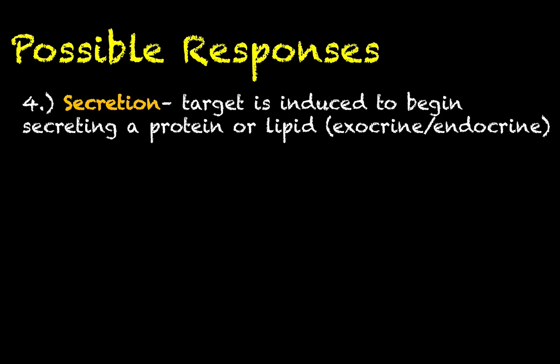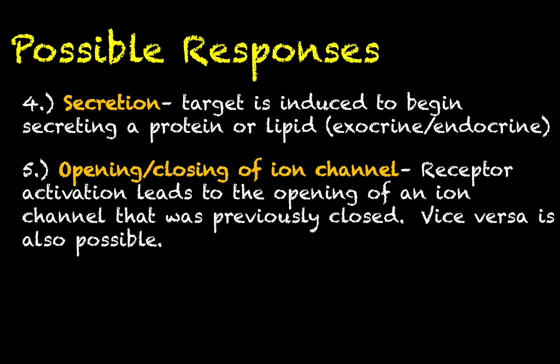Obviously, you can be induced to sweat as a response to your body temperature getting too high. Exocrine functions are obviously important for the digestive system, and in the very near future, we're going to start talking a lot about endocrine functions and how the secretion of one hormone binding to a receptor will actually stimulate another hormone to be produced and secreted next in line.